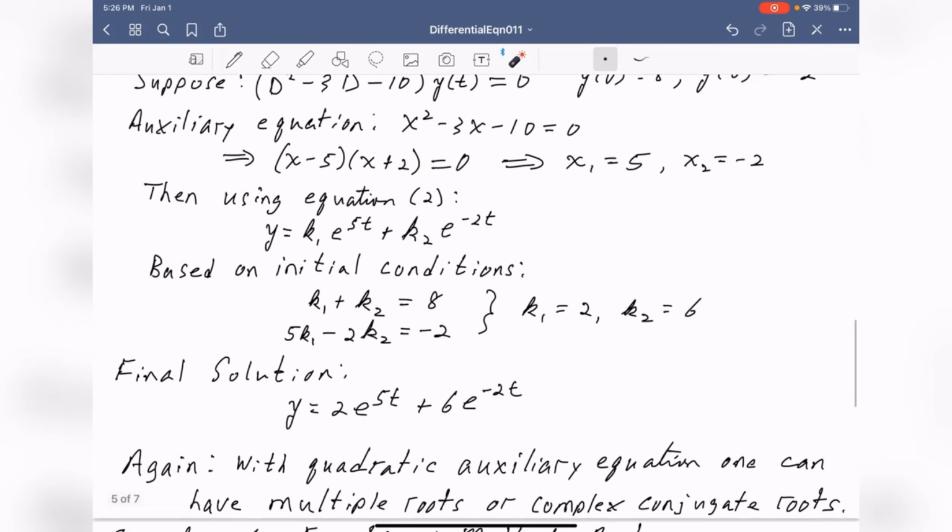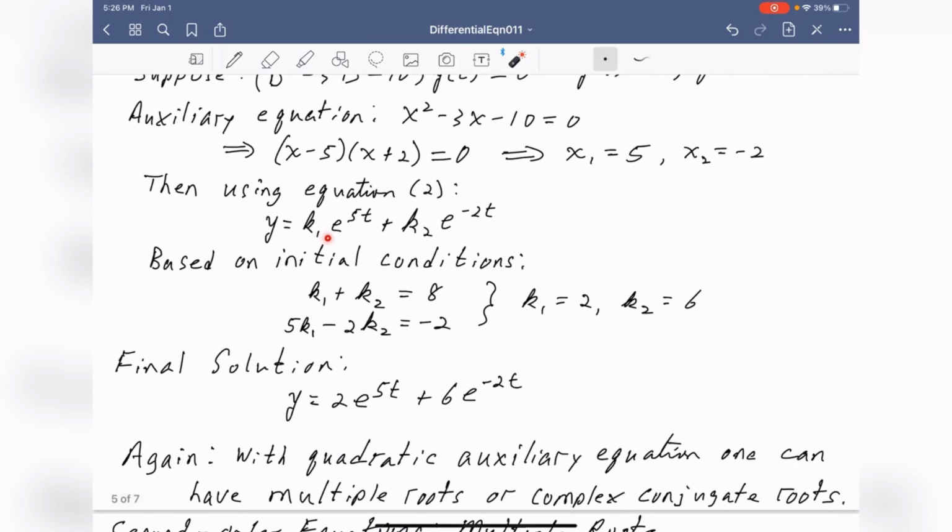Then using equation 2, we fill in that y is k1 e to the 5t plus k2 e to the minus 2t, where the 5 and the 2 are given by the roots of the auxiliary equation. Then we use our initial conditions to construct k1 plus k2 equals 8, 5k1 minus 2k2 equals minus 2.